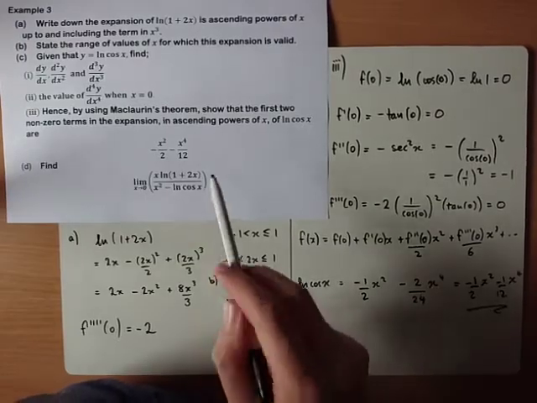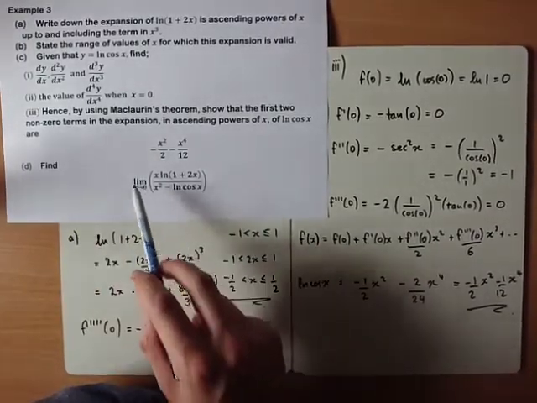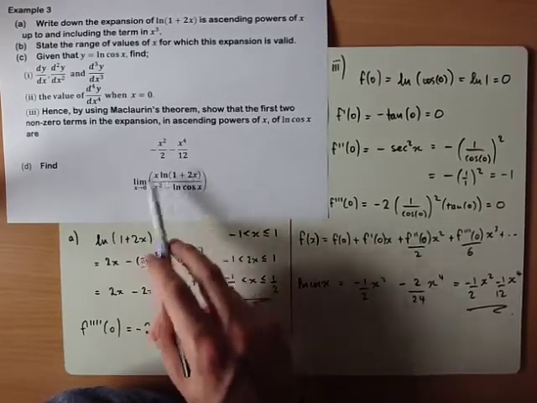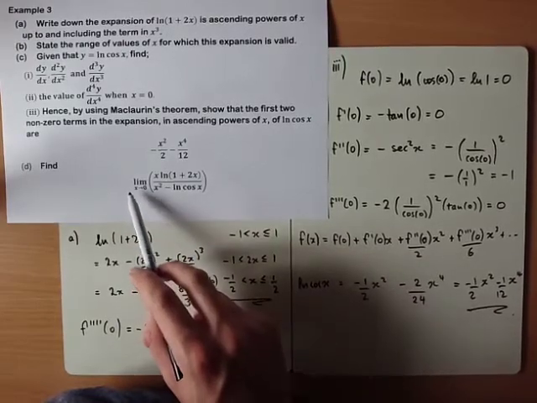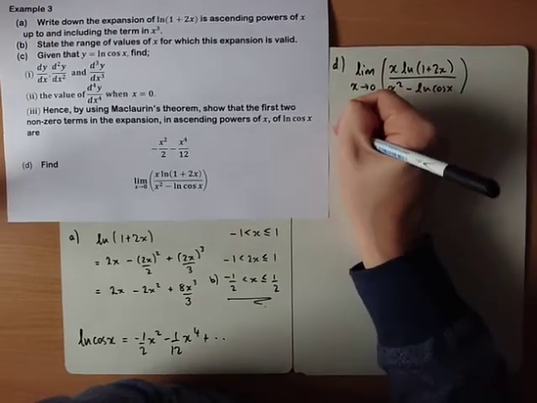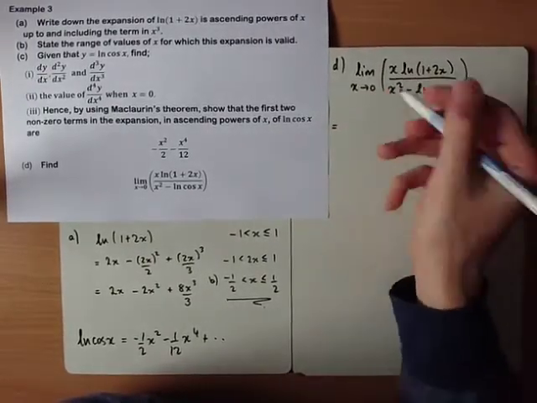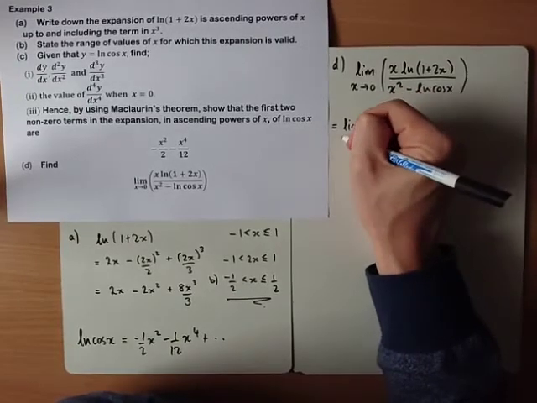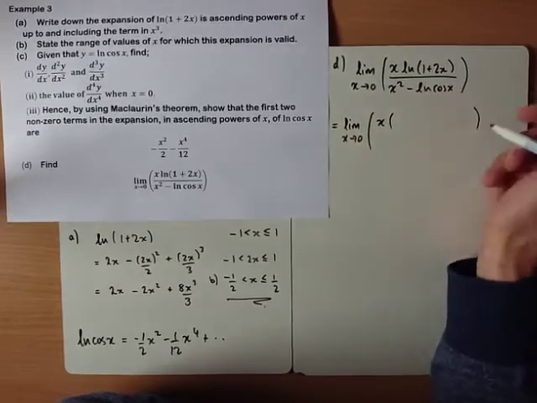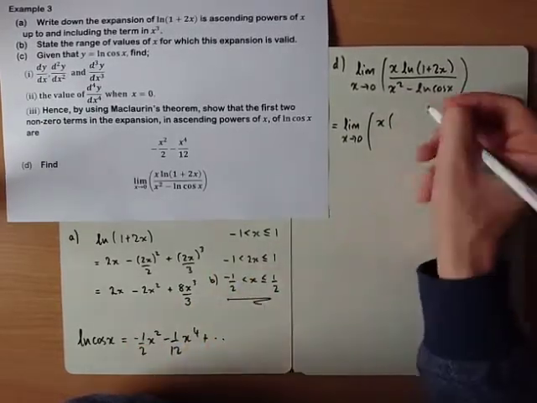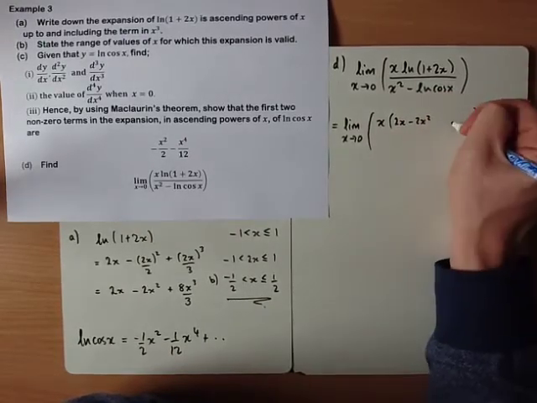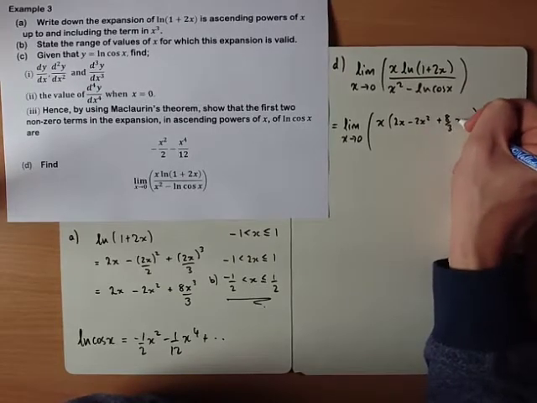Now that we've got our series expansions, we're asked to evaluate a limit. So clearly we're going to be using the answers that we've got in the question. And if we can write it as a polynomial, hopefully we'll be able to evaluate the limit as x tends to 0. So we think about the limit as x tends to 0 of x times ln of 1 plus 2x, which we can write as 2x minus 2x squared plus 8 over 3 x cubed.